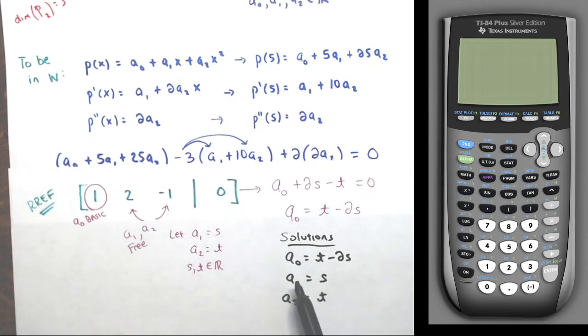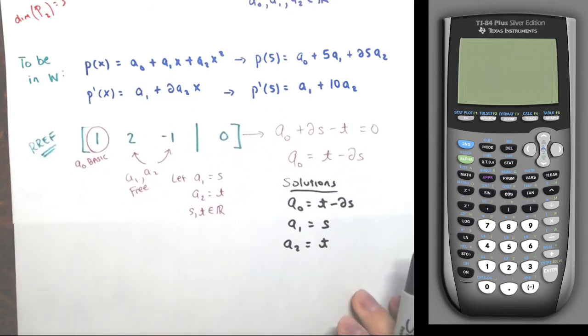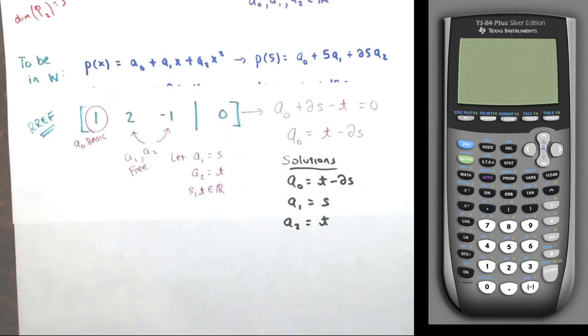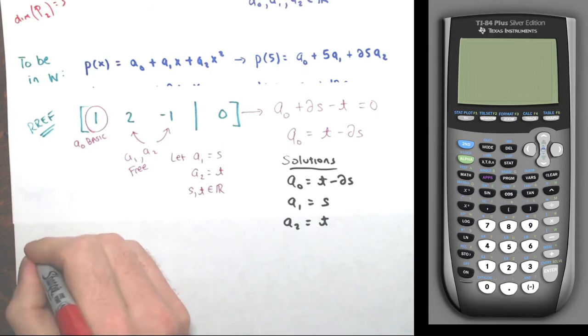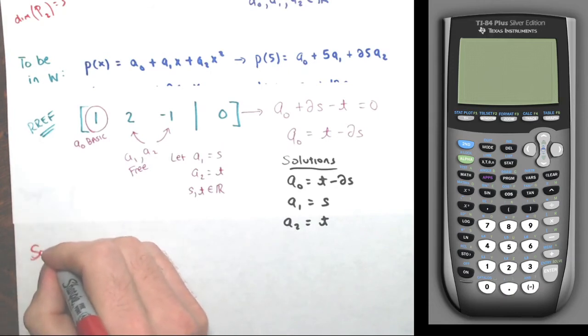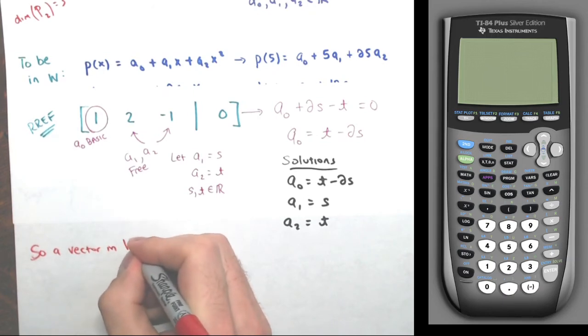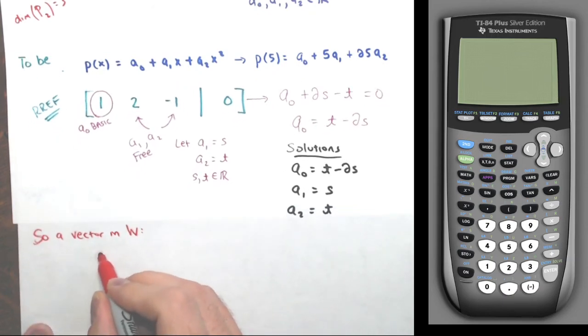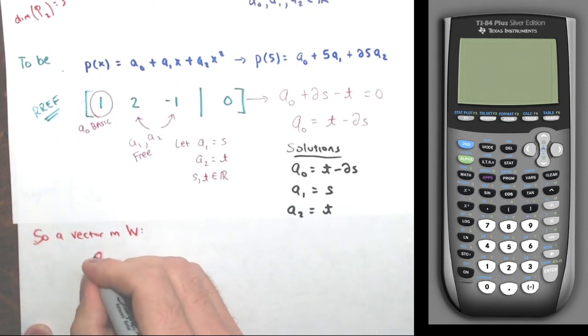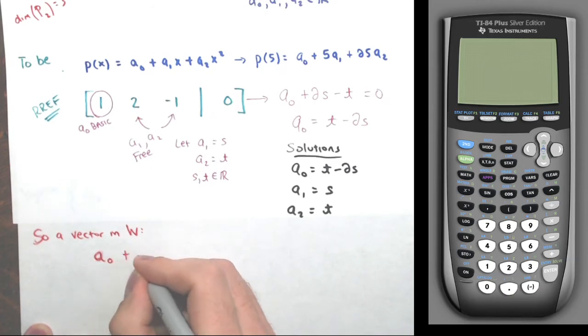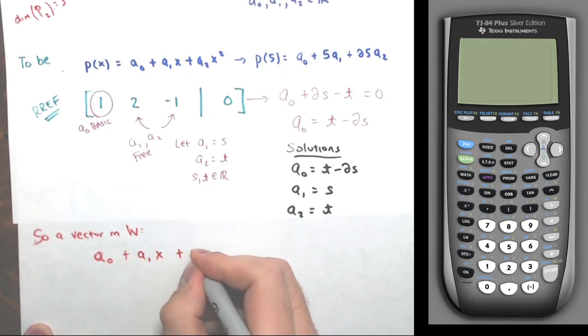And then I pop these into what my polynomials in W. So we'll get what a polynomial in W looks like. All right, so a vector in W, a polynomial in W, will look like this. You have a0 plus a1x plus a2x squared, right?